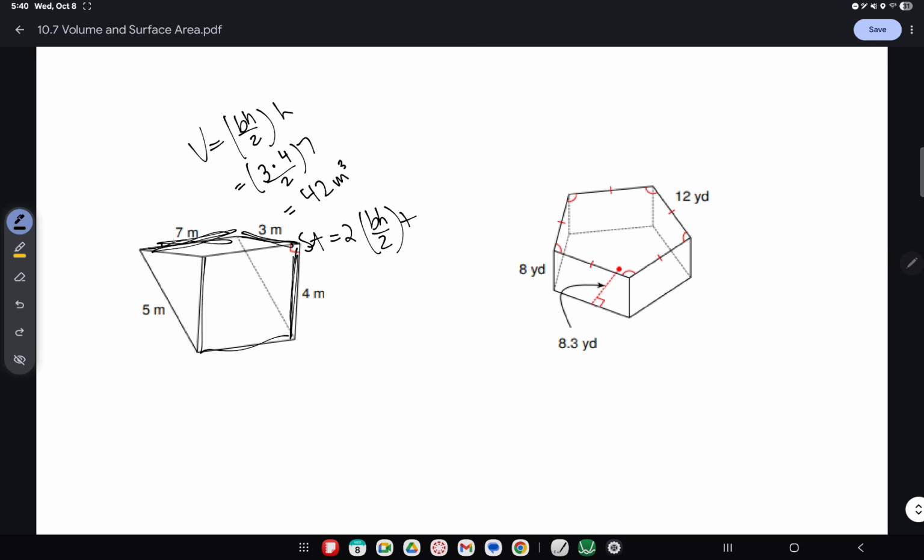So this rectangle here is 4 by 7. This rectangle here is 3 by 7. And then the last rectangle on the bottom is a 5 by 7.